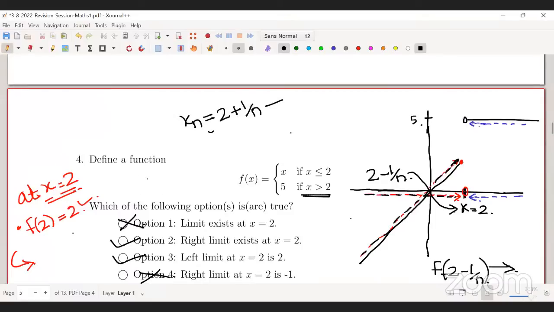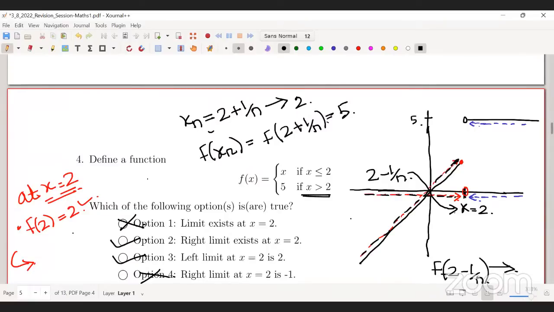This sequence converges to 2, correct or not? Yes, sir. Now if I take this new sequence f of xn, what is f of xn? What is f of 2 plus 1 by n? It's always 5, right?